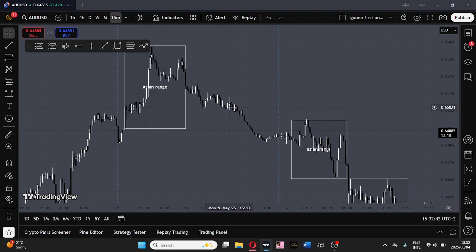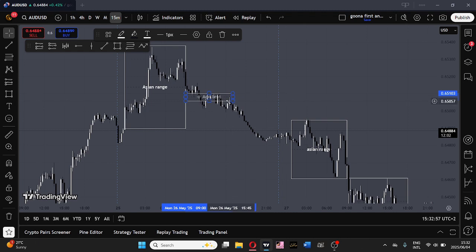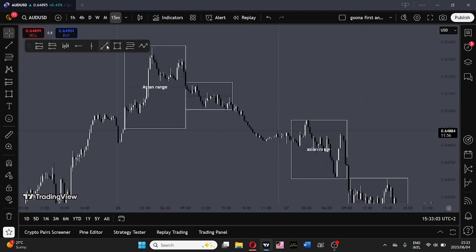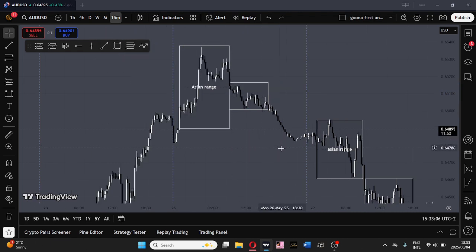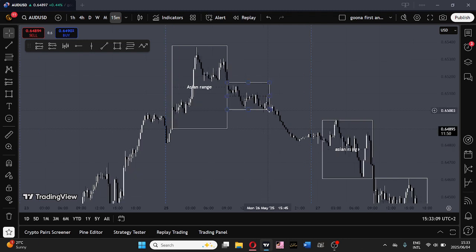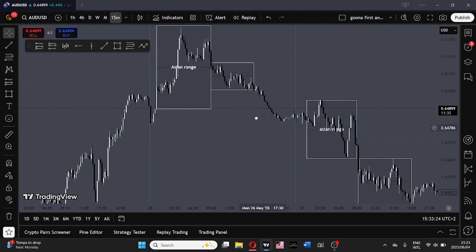So as I was saying, here's a tip, guys. Between the times of 9 and 4, if the Asian session low or Asian session high was not taken out between 9 and 4, that means you do not have a setup for the day.